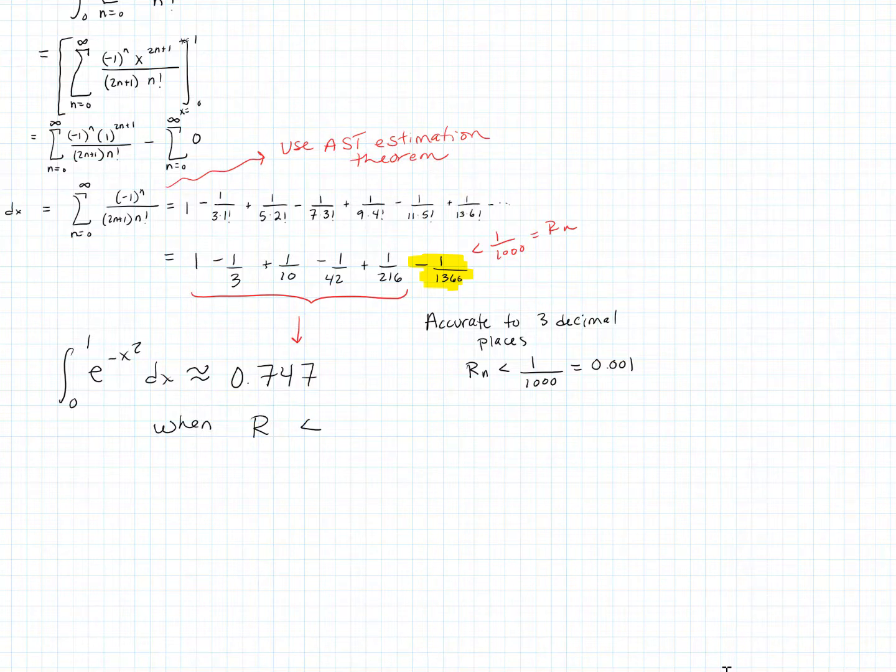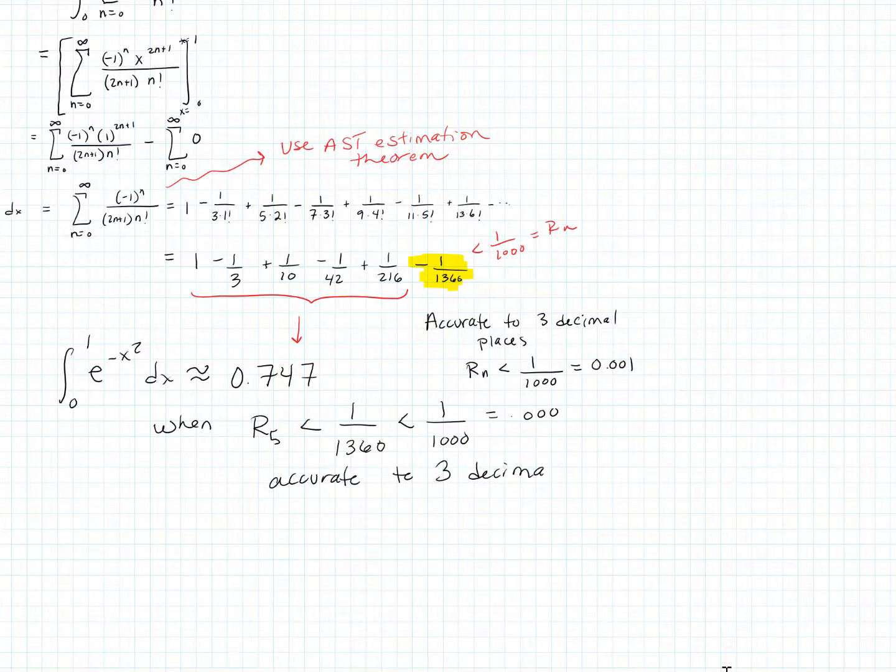So the remainder of using 5 terms is actually less than 1 over 1360, which is, of course, less than 1 over 1,000. So that means that we are accurate to 3 decimal places.